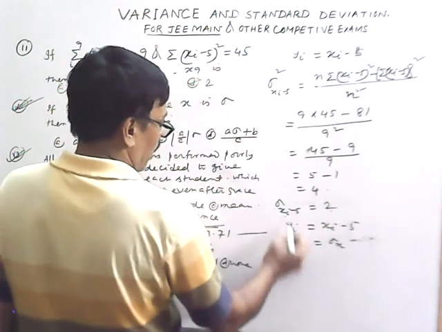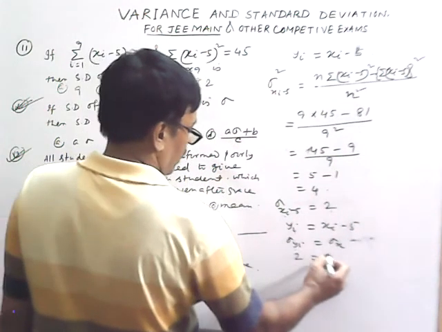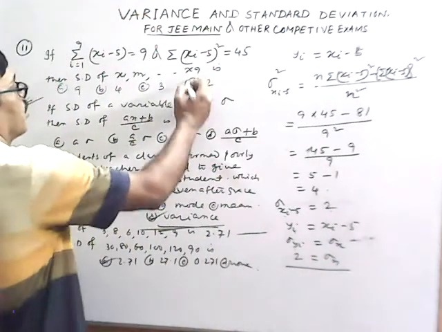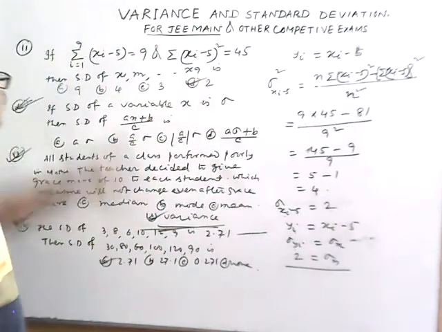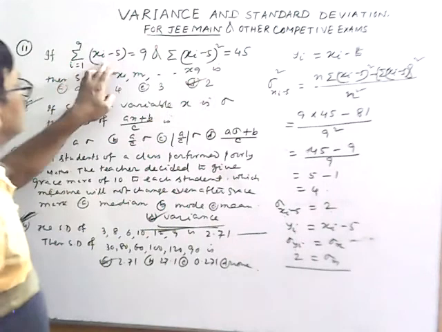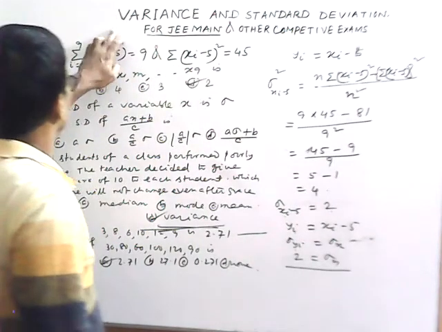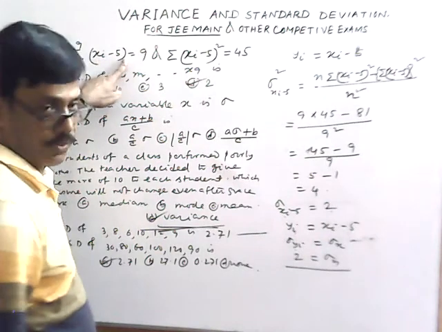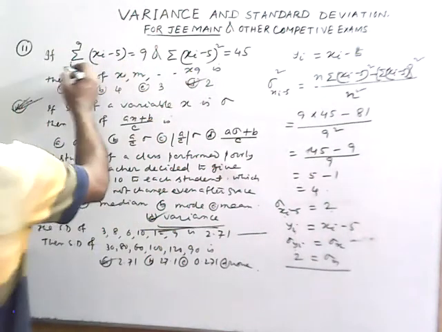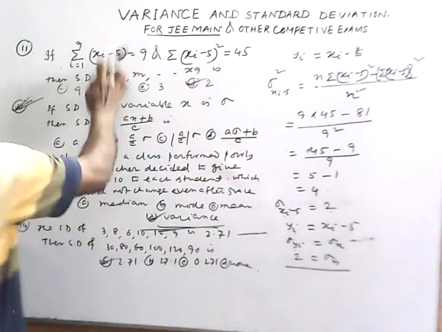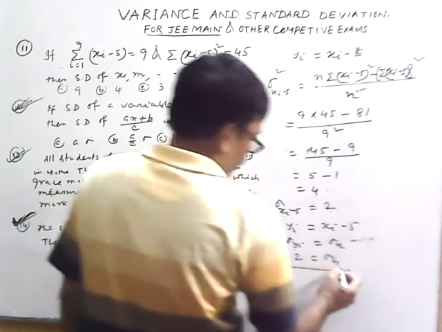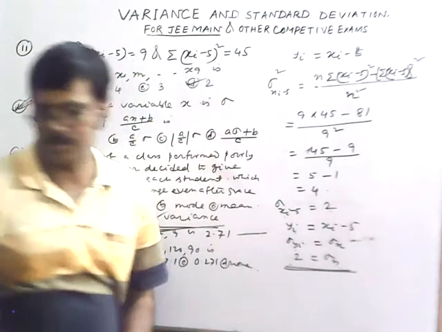So sigma yi equals 2, and this is sigma x. So what is sigma x? Sigma x is 2. So the simple theory here is that the origin is changed from xi to xi minus 5. So if we find the standard deviation with respect to xi minus 5, we get the standard deviation with respect to x.